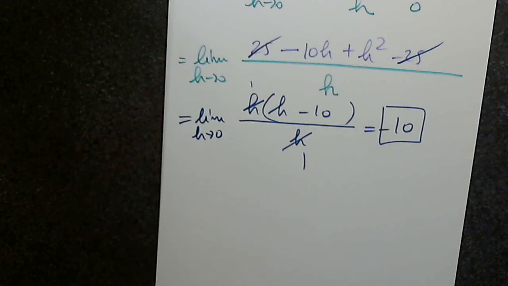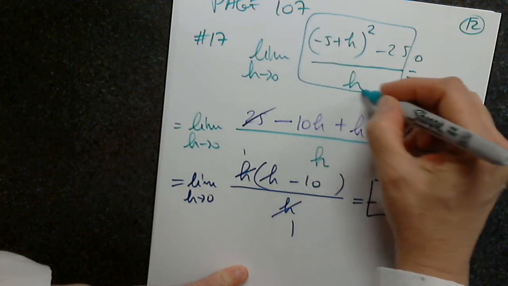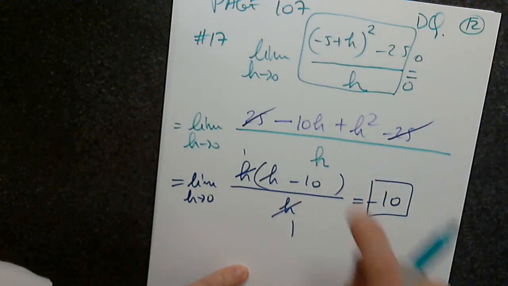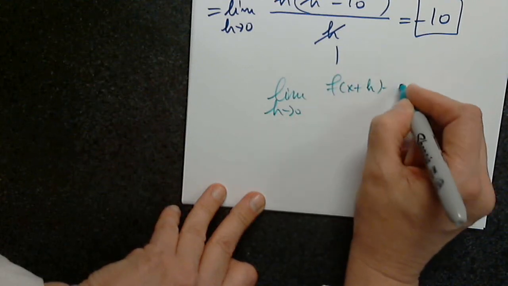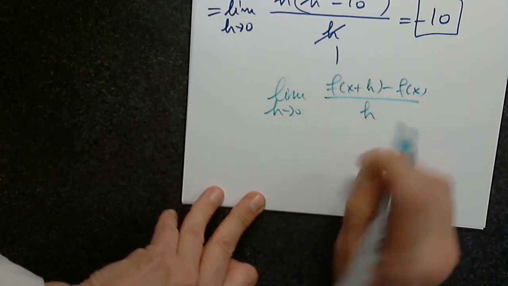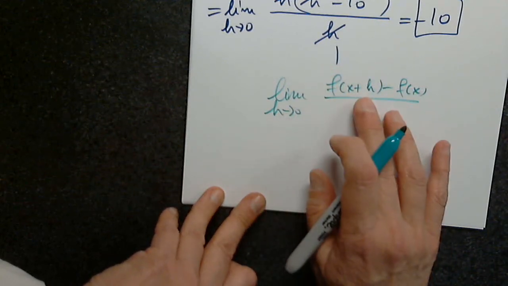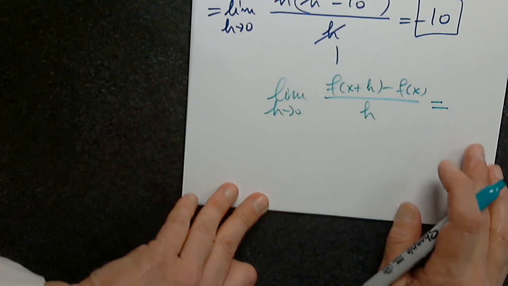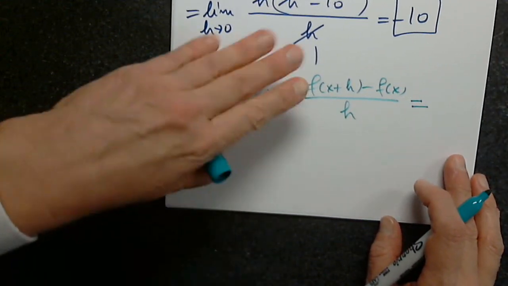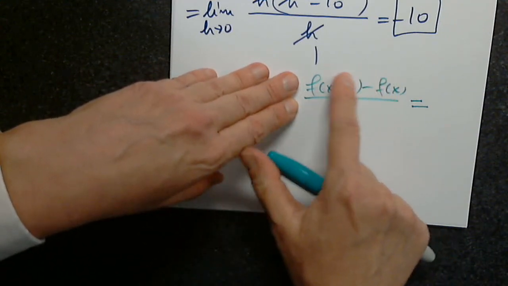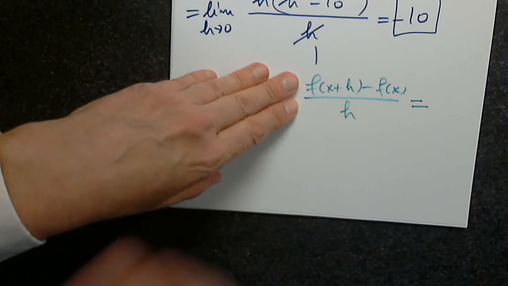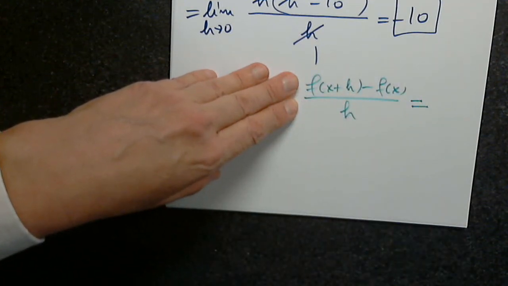By the way, since we already identified that this is the difference quotient, and we put a limit operator on the difference quotient, this is the difference quotient, and this is the limit of the difference quotient. What do you think this will represent? Remember what I said when we started today, when we talked about the difference quotient? I said this is almost, not exactly, almost the slope of the tangent line, or the instantaneous velocity.